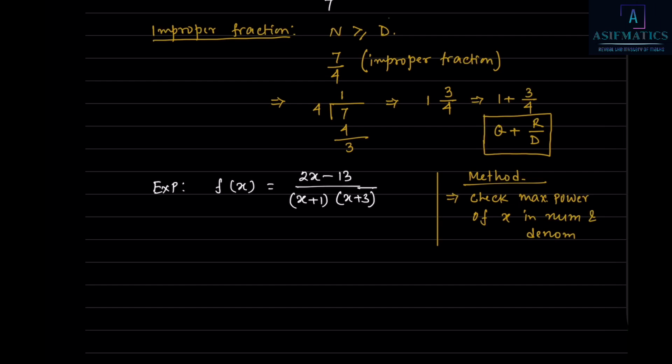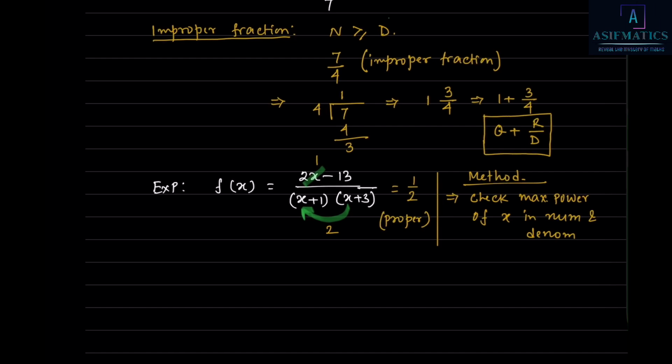Here we can see that in numerator our x power is 1, and in denominator, because it's a factor multiplication, if you multiply this x by x, this will be x square. So here we can see that the maximum power of x is 2 in denominator, and in numerator the maximum power of x is 1. So easily we can say that this is actually a 1 by 2 condition, which is proper.